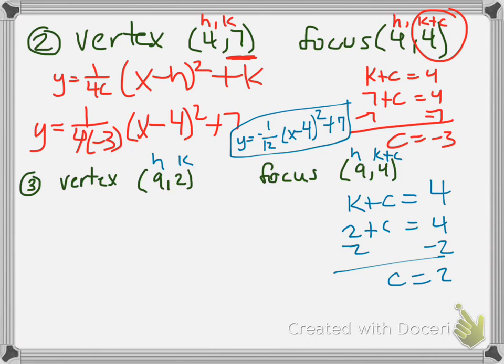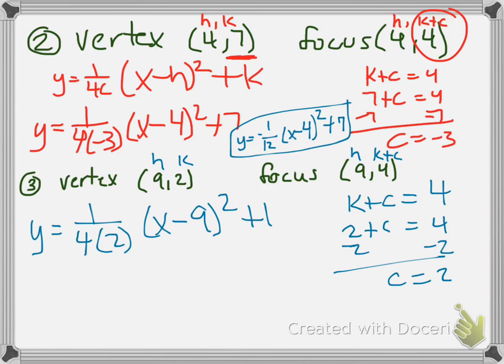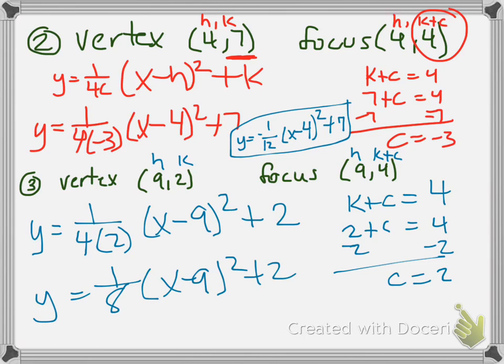So we go ahead and plug it into the equation. Y equals the right equation, yes. That one, x minus, who's my H? 9. And plus 2. Which is going to give you y equals 1 over 8 parentheses x minus 9 parentheses squared plus 2. Yes. So check your answers.